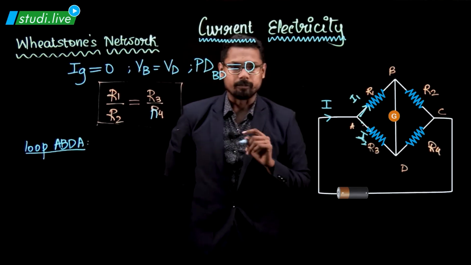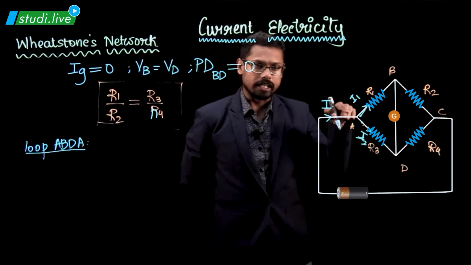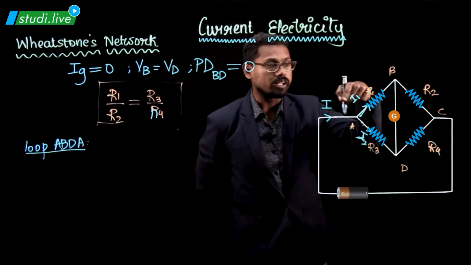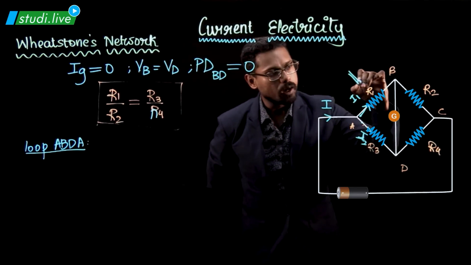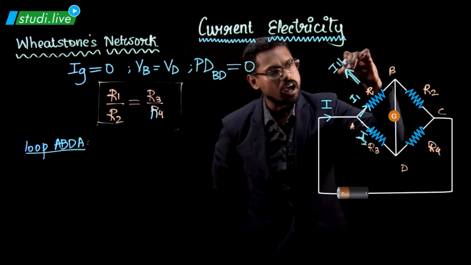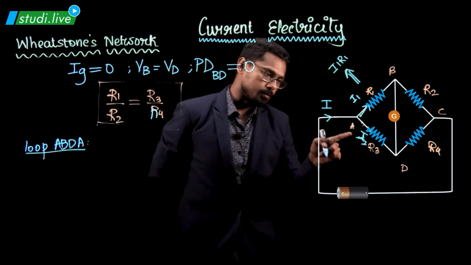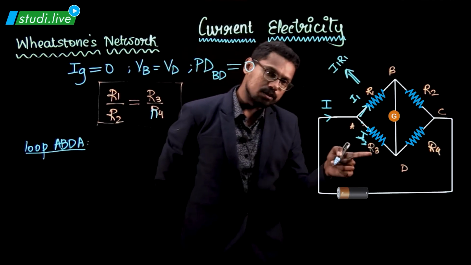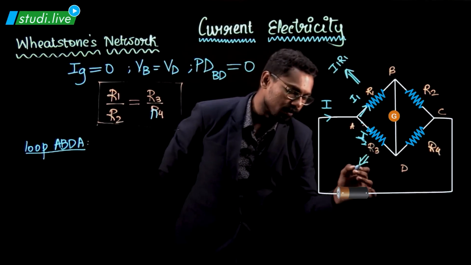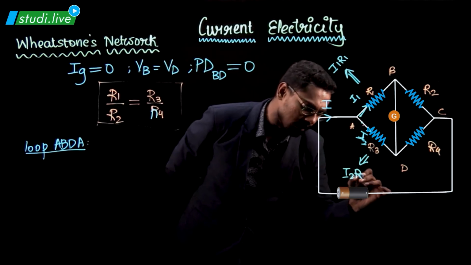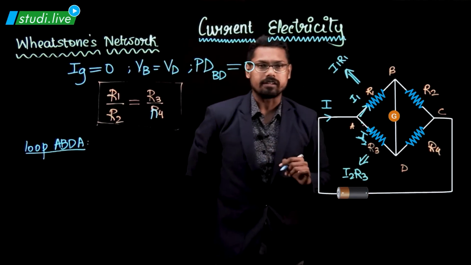I1 flows in the upper branch through the wire AB and resistance R1, thereby a potential difference of I1 R1 is achieved across R1. Similarly, current I2 passes through R3 and a potential difference of I2 R3 is created across R3.